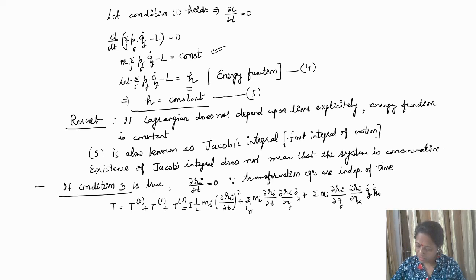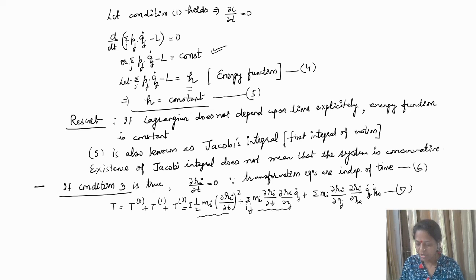Now under this condition, under condition 3, this part will be 0 because here you have the partial derivative of r_i with respect to time, and this part will be 0.